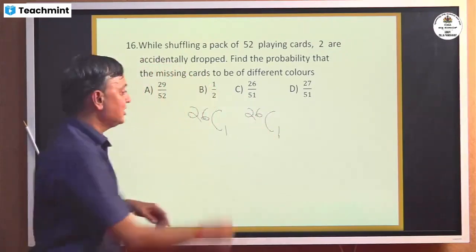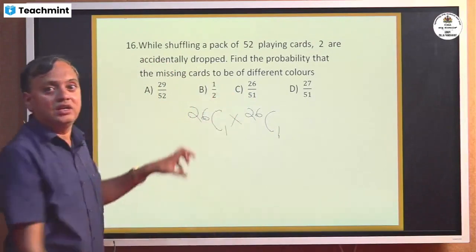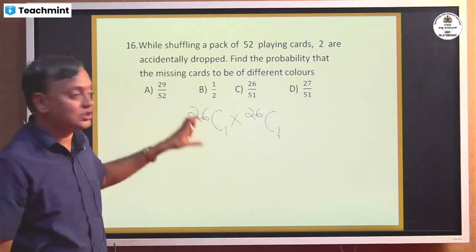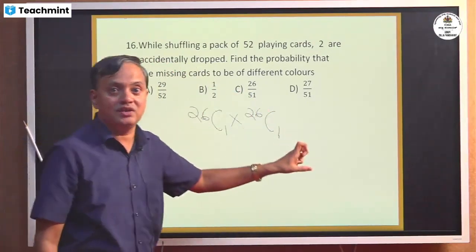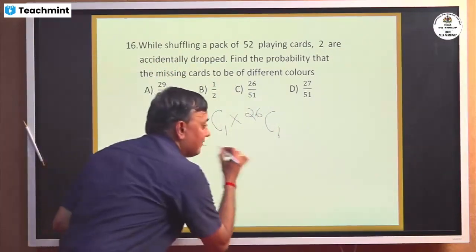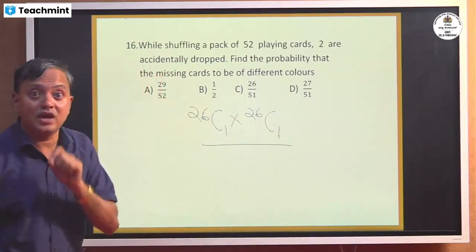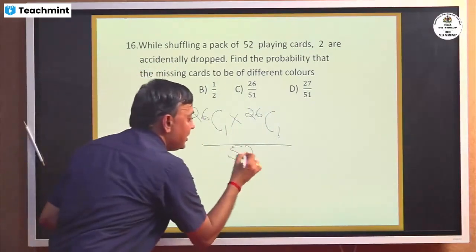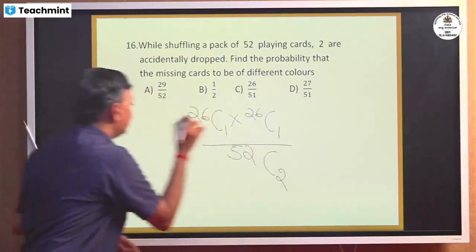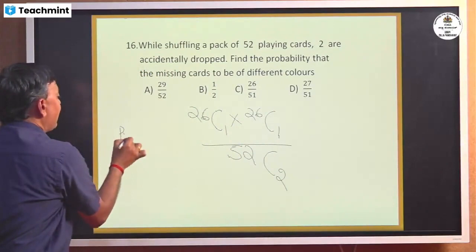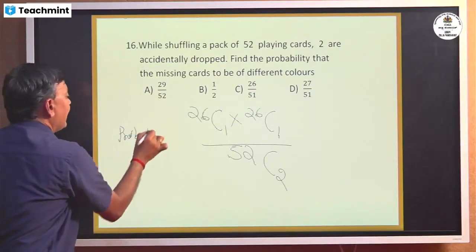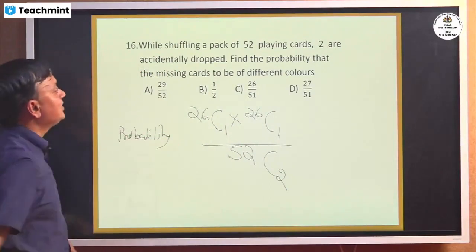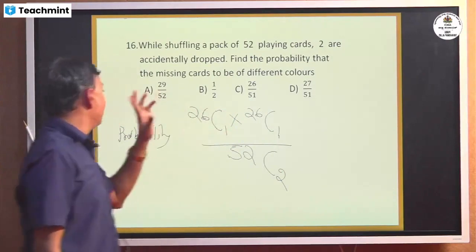So this is the total, correct? The chances of these missing are 26C1 times 26C1, out of how many? Out of the 2 cards missed among 52, that is 52C2. This is the required probability, correct?